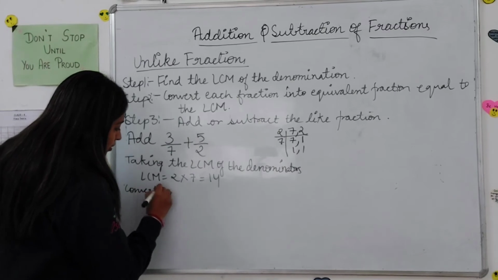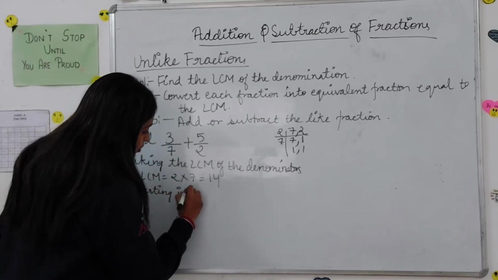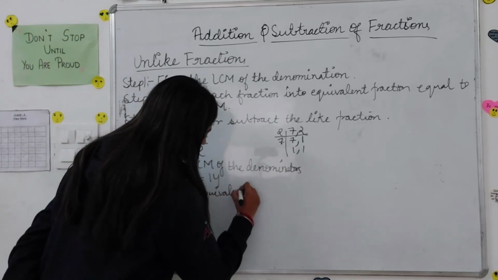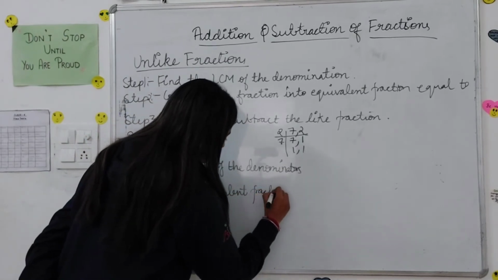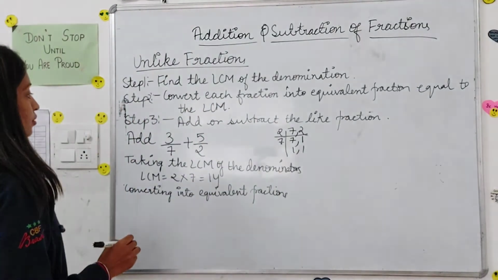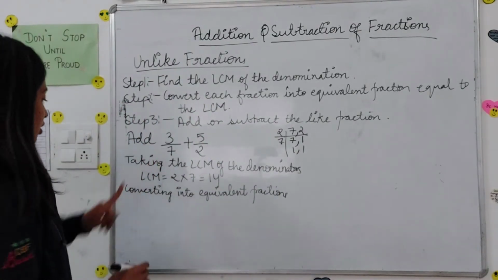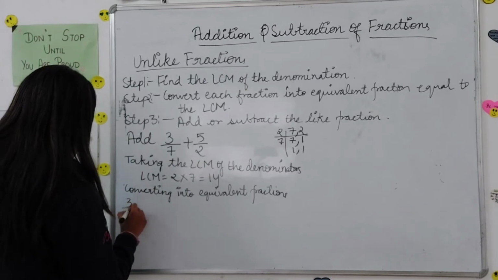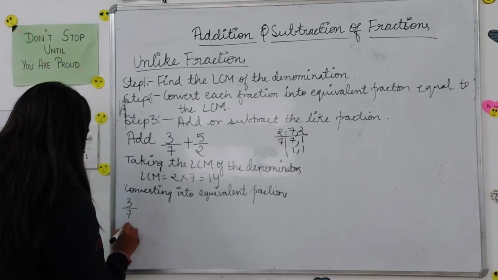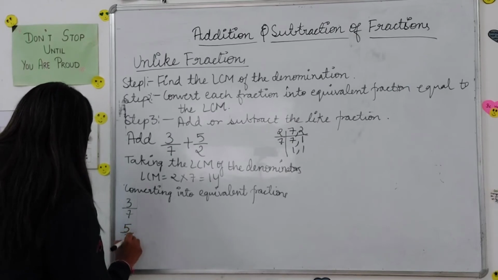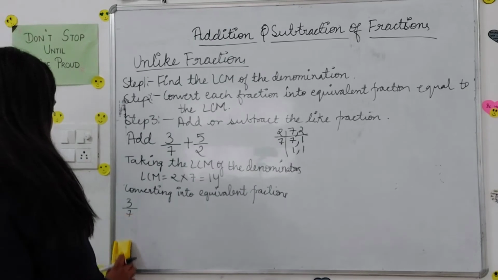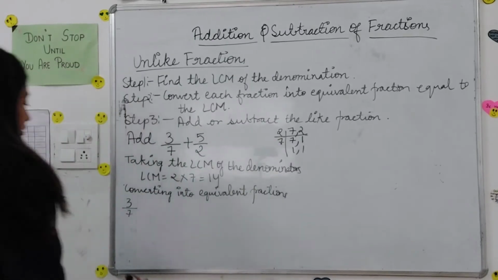Converting into equivalent fractions. The first fraction is 3/7 and the second fraction is 5/2.